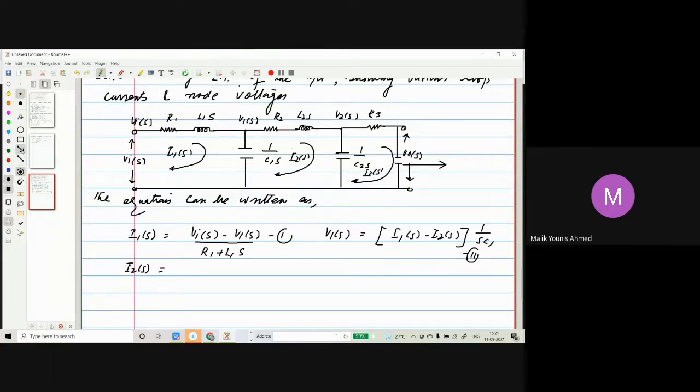This value is, and this voltage across this is V naught of S. So I have made another capacitor also.